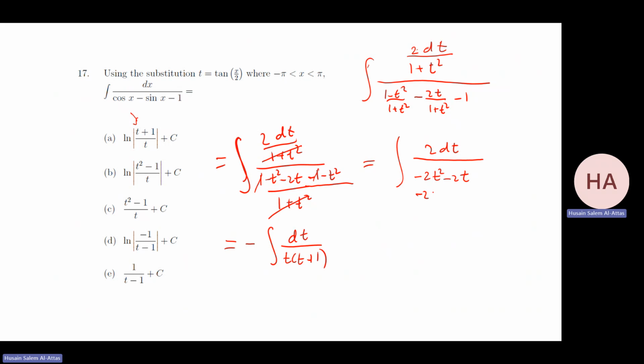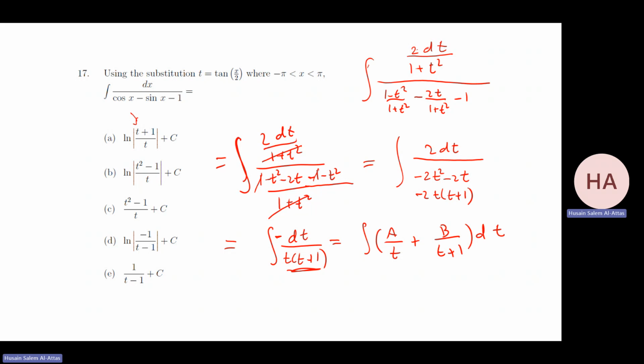That will be minus 2 over t(t plus 1). Let me leave the minus outside, I'll deal with it later. I have this as a over t plus b over t plus 1 dt. Since I left the minus outside, I just work out this one for a and b. You know what? Let me take the minus inside, so I'm dealing with this expression with the minus sign.